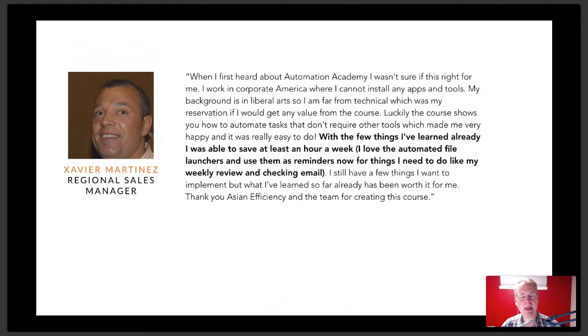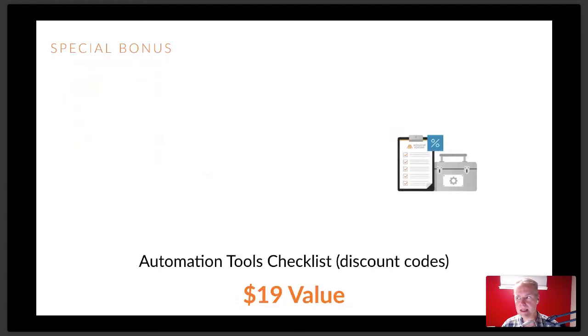So that's just Automation Academy, which is, as I mentioned, a $5.99 value. However, as we always do when we are creating a new resource, we created a bunch of different bonuses to reward you for being here live on the webinar. So one of those bonuses is called an Automation Tools Checklist. You'll definitely get a lot of value from going through all of the course, and it doesn't take a huge amount of time to do that.